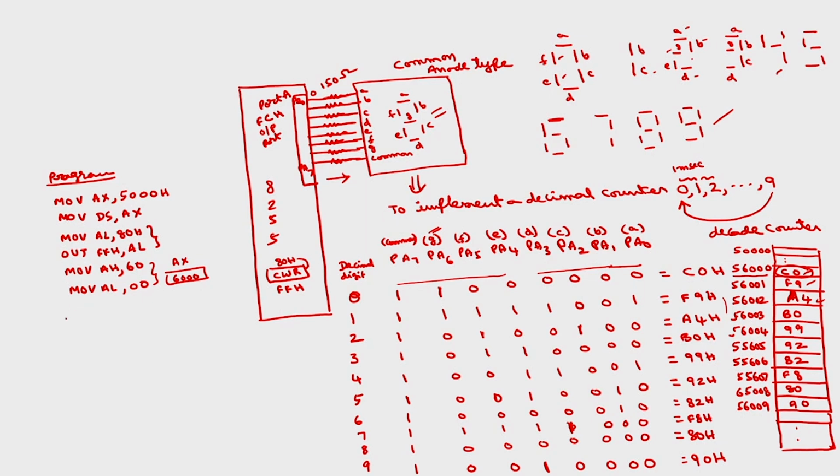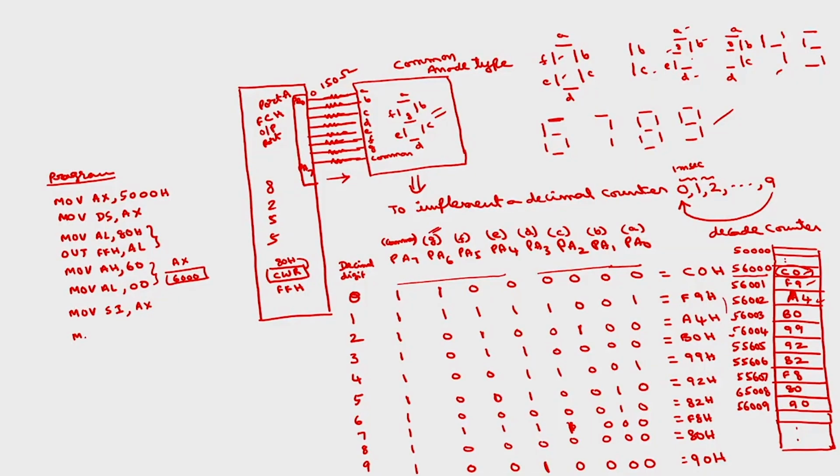So, we take move SI comma AX. So, we are taking SI as 6000H where the 0 code is available. Then move AL comma contents of SI. So, after this instruction AL will contain C0H, which is the code corresponding to 0.